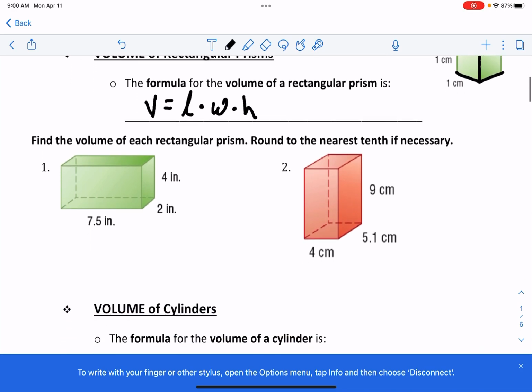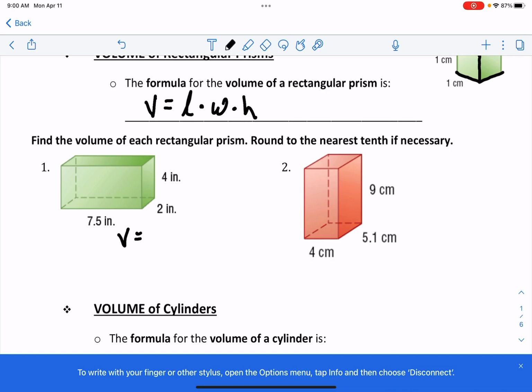We're going to do a couple examples here. All of these formulas we're going to learn today will be given to you on a sheet when we're doing a test or anything, so you don't have to memorize all these. All we got to do is be able to plug in the things that we need to. So we're just multiplying all 3 of our dimensions here.